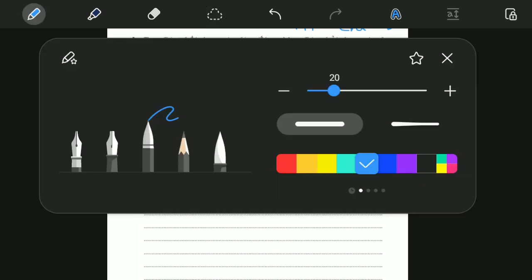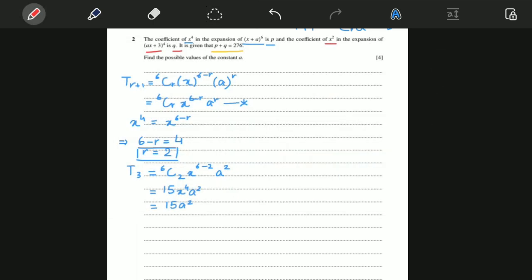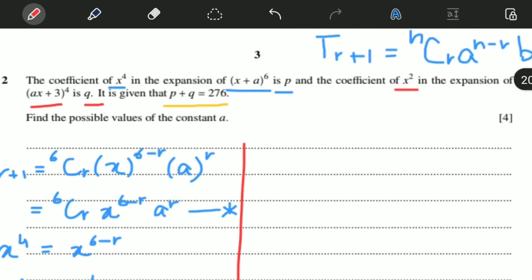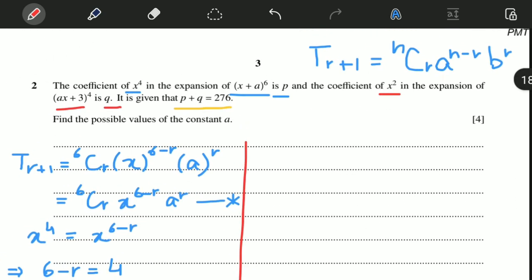And now on the right hand side, I'm doing the second expansion. Okay, so the second expansion is (ax + 3) power 4. So T(r+1) is equal to, n is 4, 4Cr, a is ax, 4 minus r, and b is 3 power r.